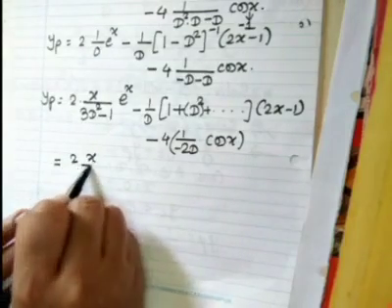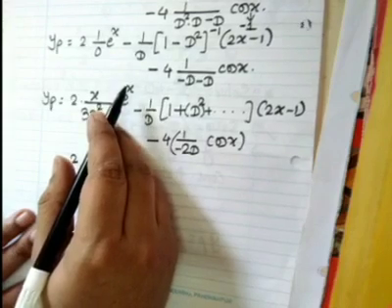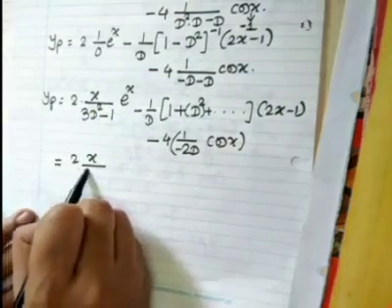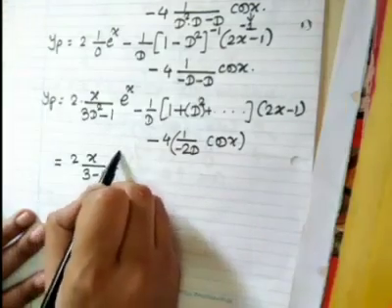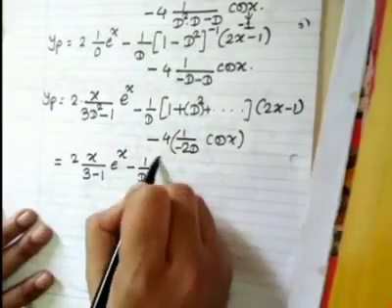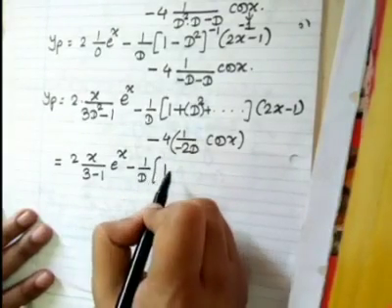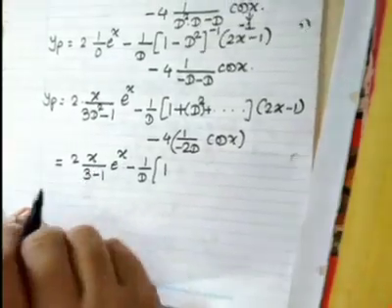Okay, that is 2x upon, this is e's case, so whatever is the power of e, we put in d. So this is 3 minus 1, e raised to x, minus 1 upon d into whatever will survive, I will write it. What will survive here and what will not?